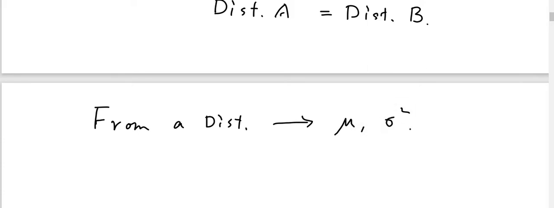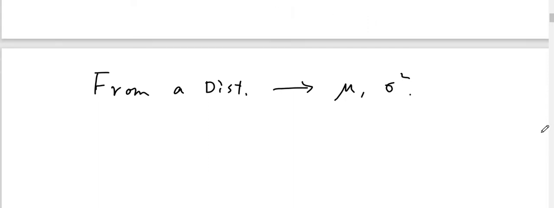For any distribution, we can find mu and sigma squared. So what is mu, and what is sigma? We say mu is defined as the average of x. And what is sigma squared?